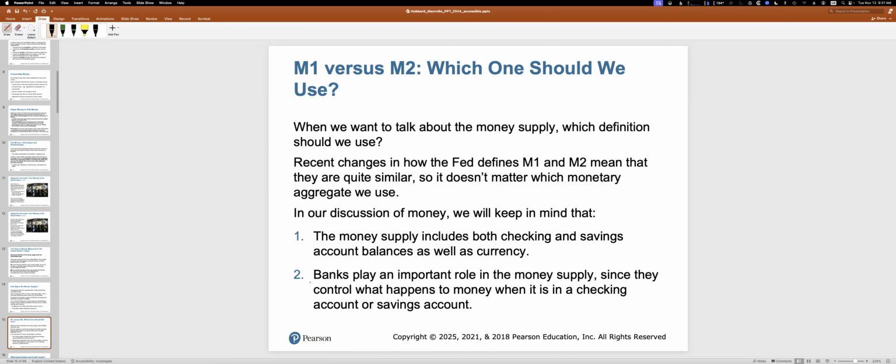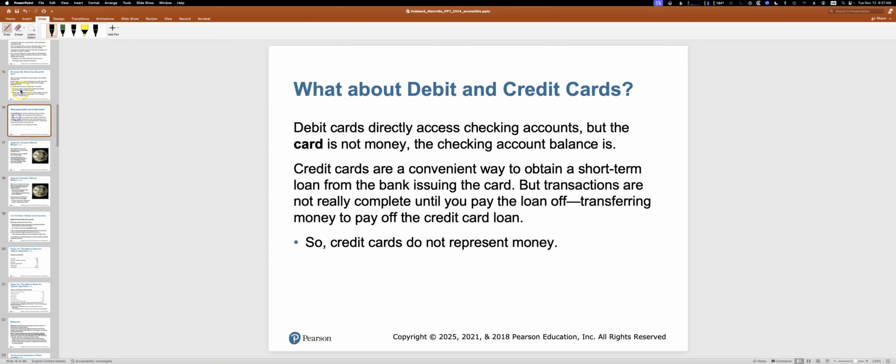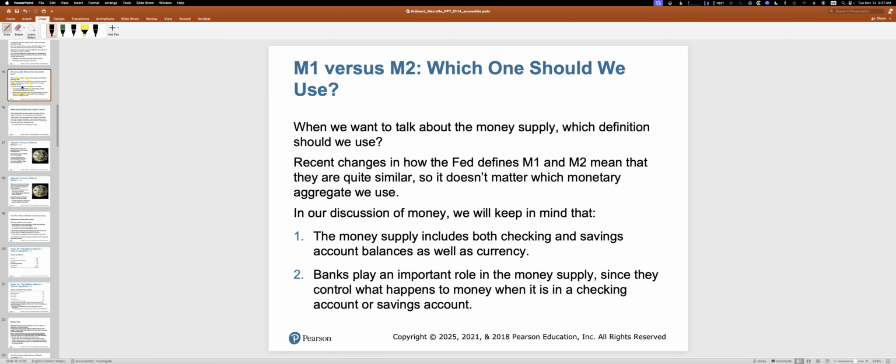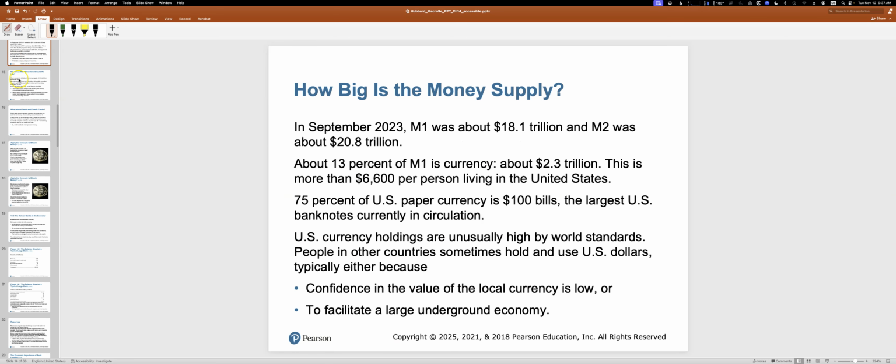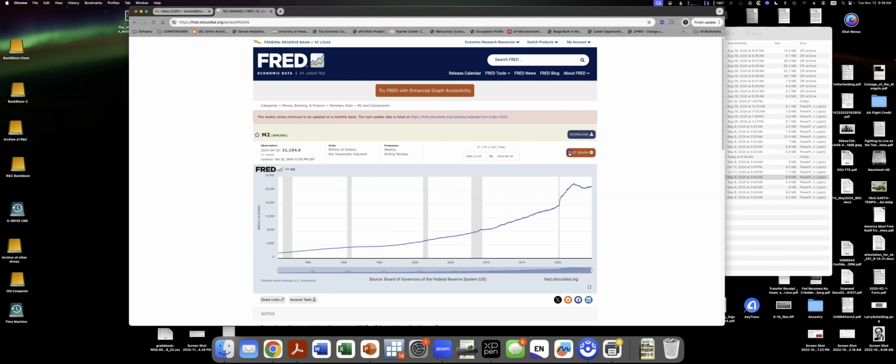Typically, when we're talking about the money supply, most of the time we're going to be talking about things in terms of M2. Most of the time. And there's not a huge amount of difference between M1 and M2. So if we go onto this graph, I'm going to add a line here.